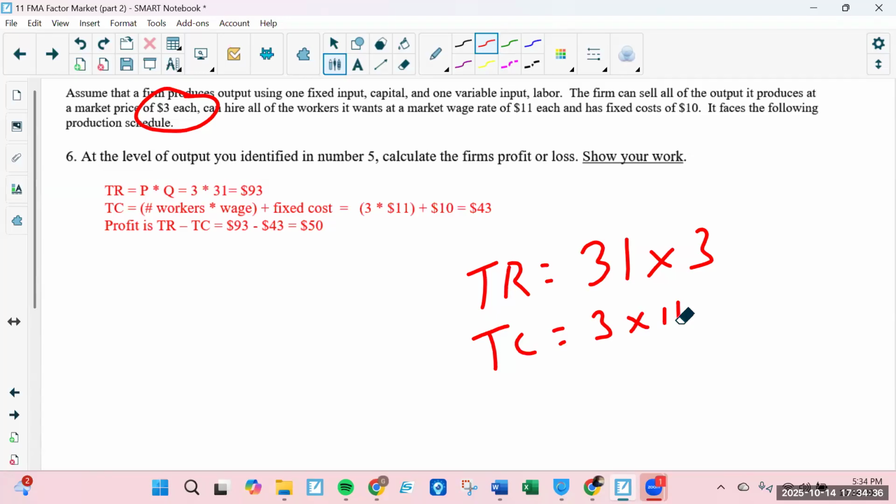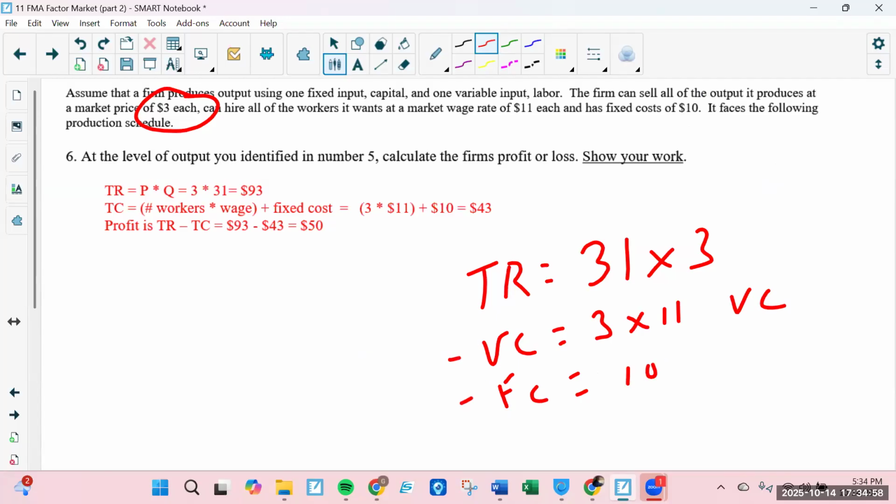That's our variable cost, but they threw in a little tricky thing. Fixed costs are 10. So we also have to add the fixed cost, which is equal to 10.